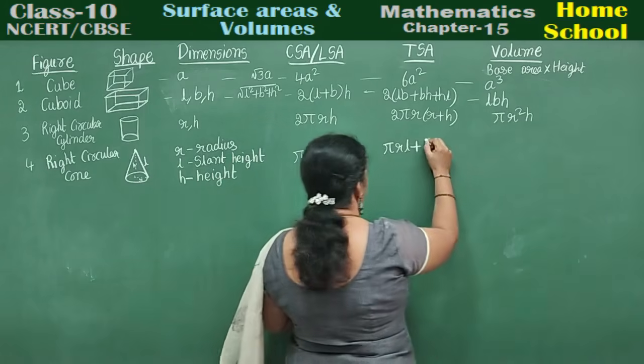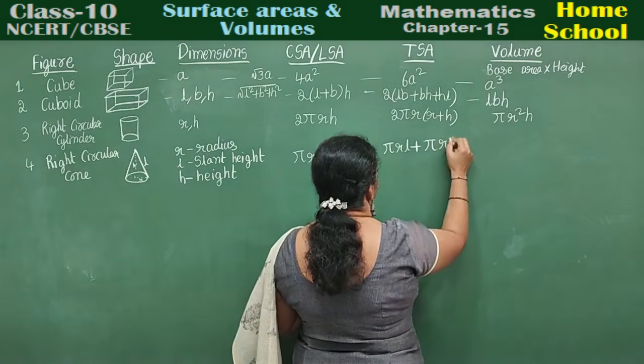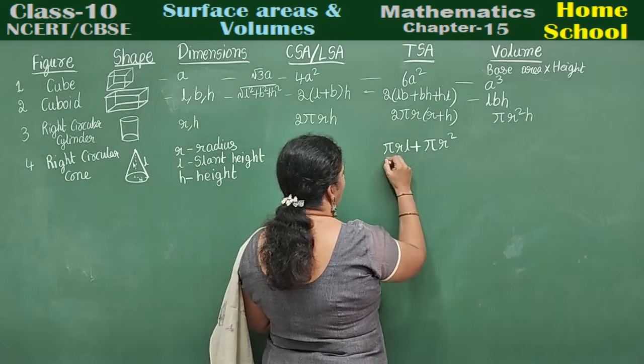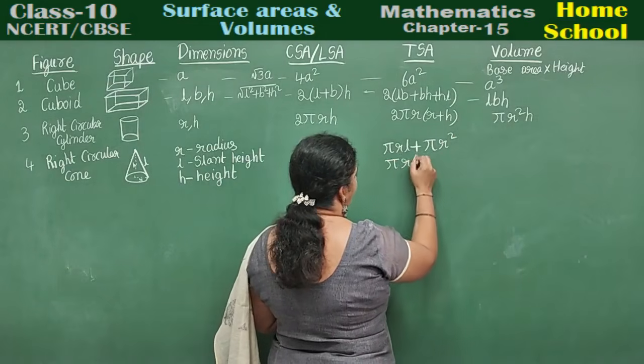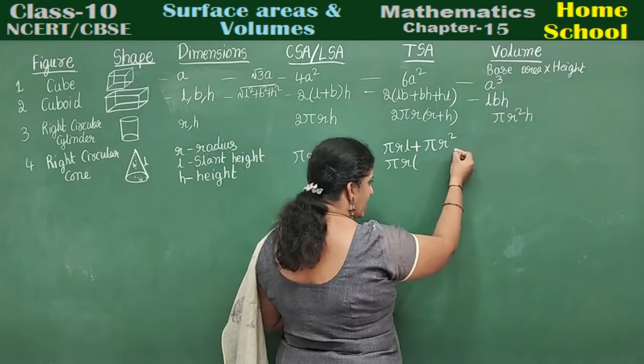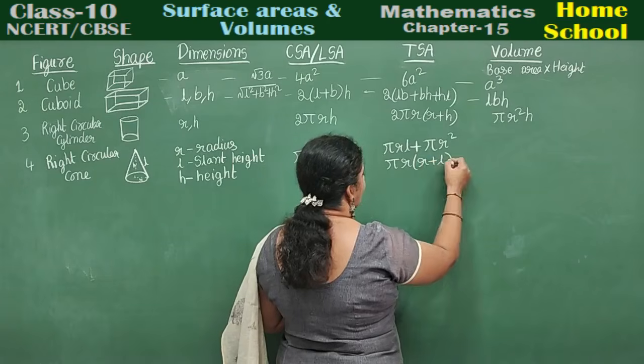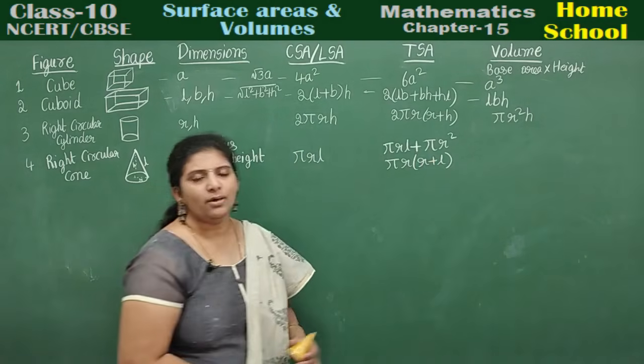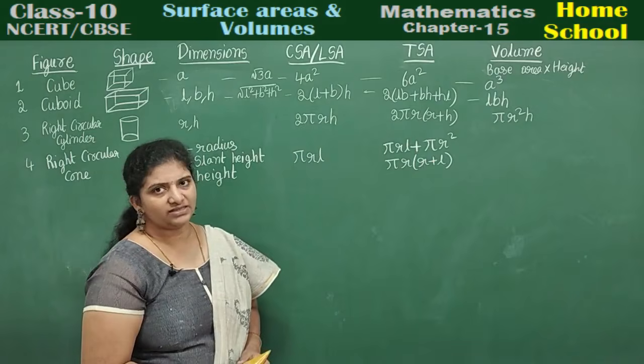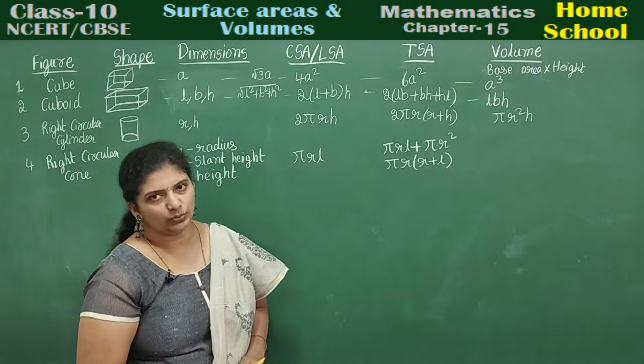What is the area of a circle? Pi r square. Take out the common: pi r is common. Pi r into l plus r you can write, or r plus l also. Pi r into r plus l square units.